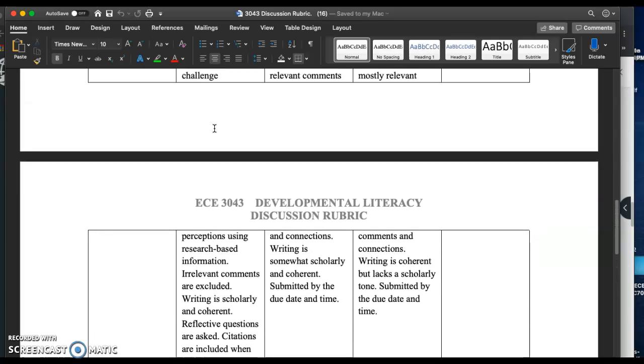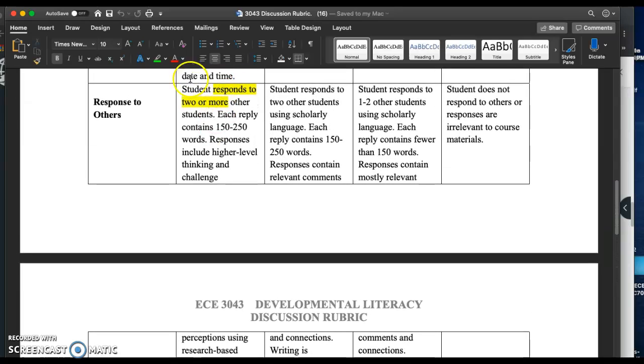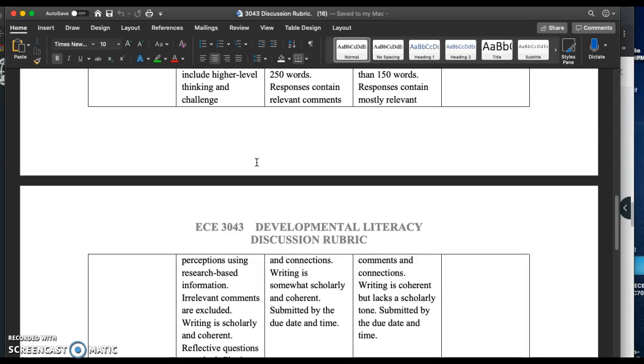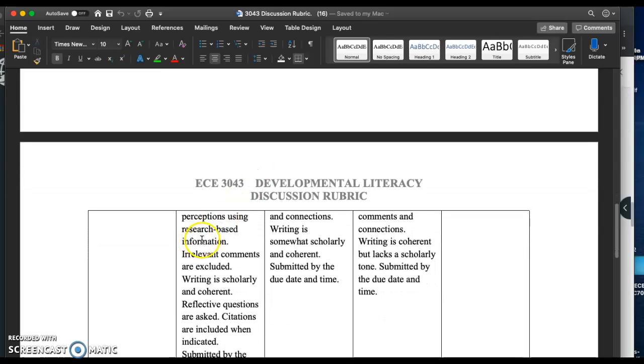Make sure when you are responding to others that it is 150 to 250 words. It should include higher level thinking and challenge perceptions using research-based information. That's where you're asking the questions.